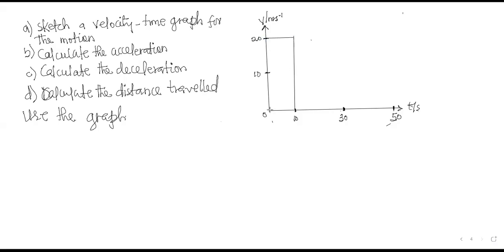So this is where the body accelerates from rest, then it attains a velocity of 20. This is the first part. This is shifted a little bit. Let me undo and redo.